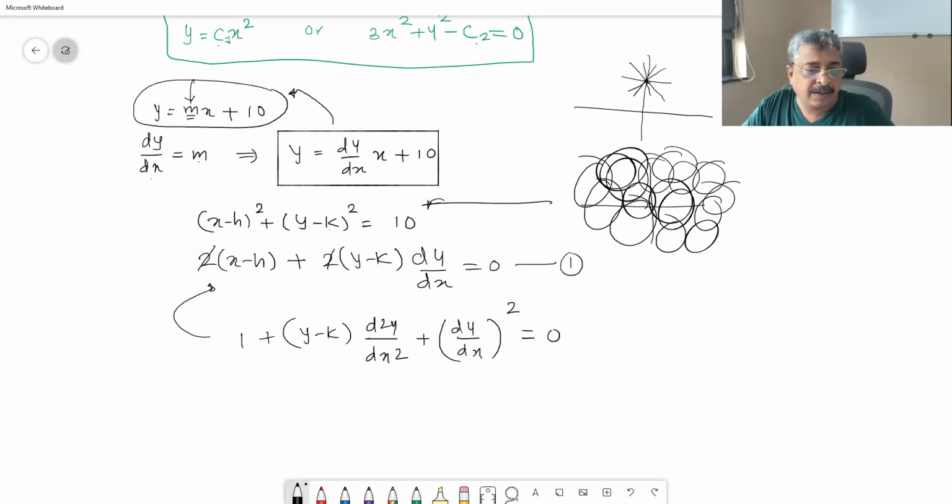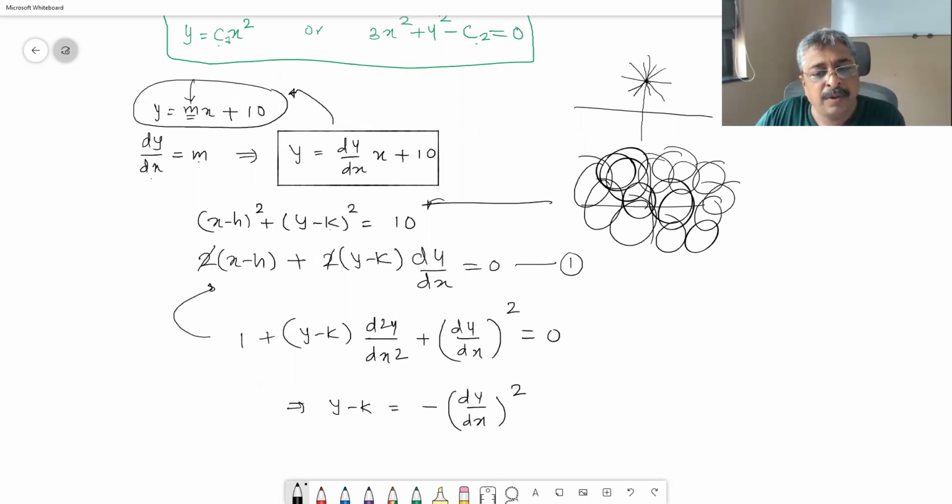This is the second. Is that right? And therefore, from the second I get y minus k is equal to minus ((dy by dx) whole square plus 1) upon d2y by dx square.